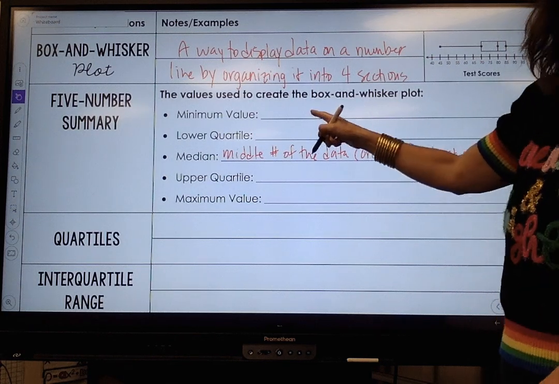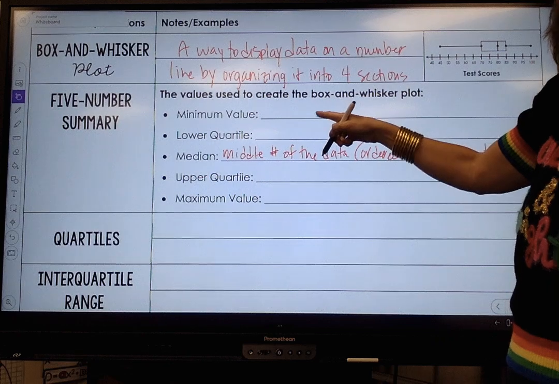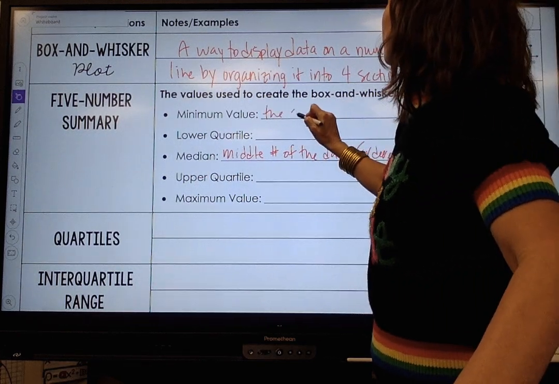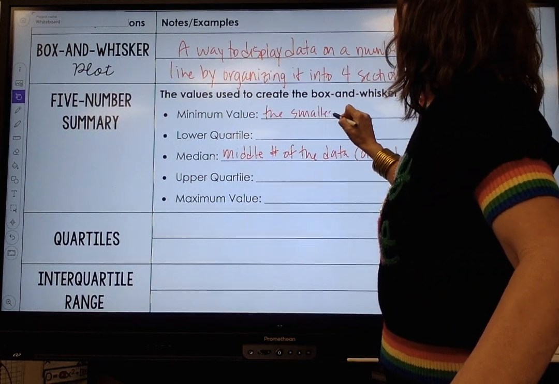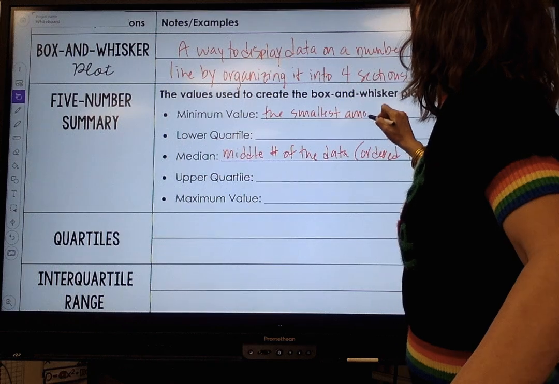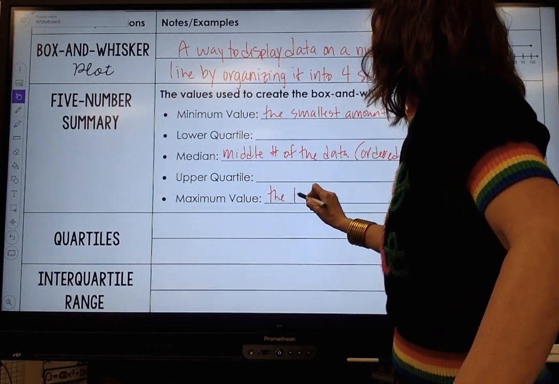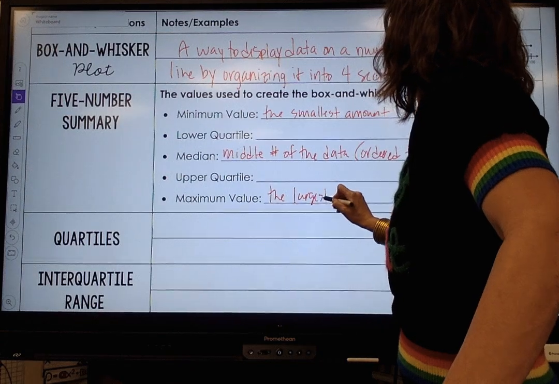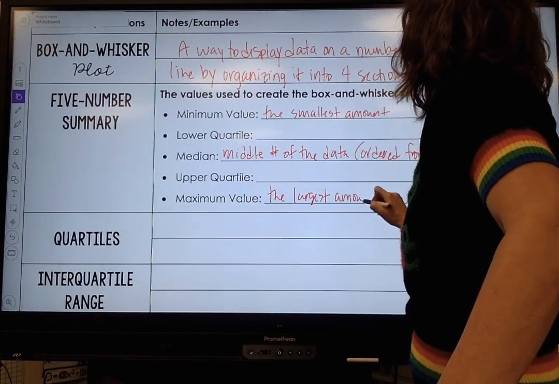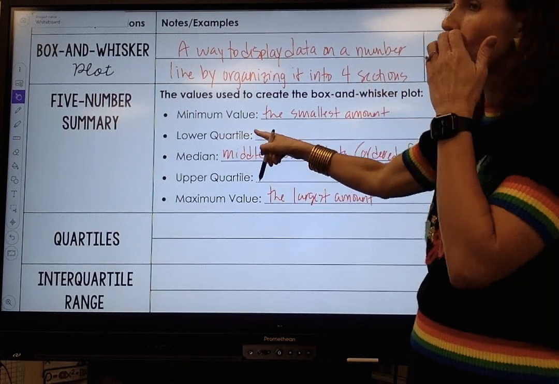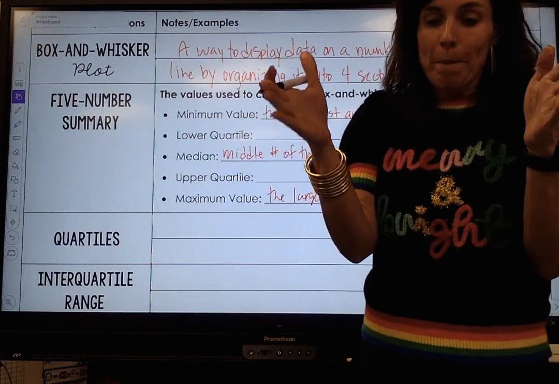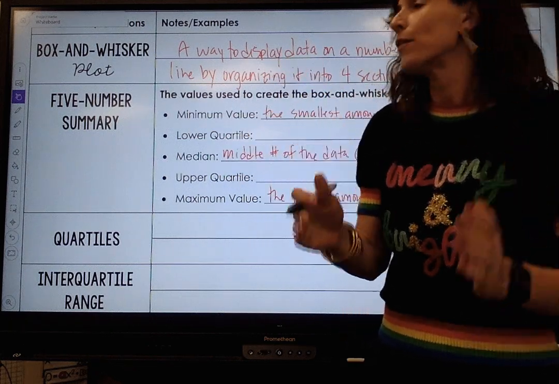Then the minimum value is just the smallest amount. The maximum value is going to be the largest amount. The lower quartile is the median of the lower half of your data.